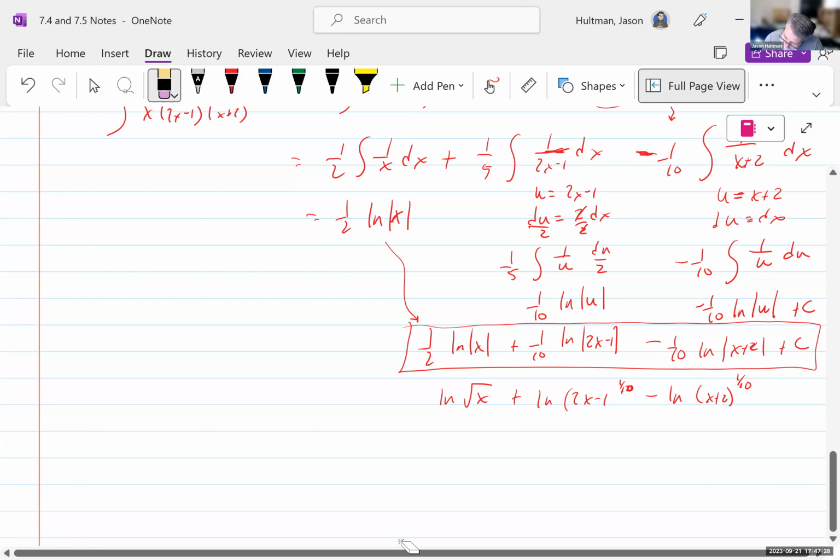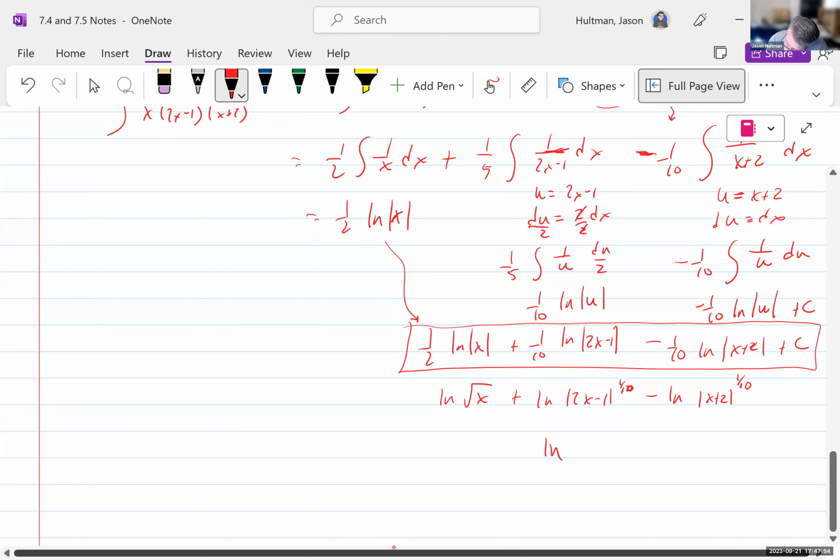I'm not going to get rid of the absolute value just yet, although because it is an even power, in order for us to have any real solutions, these would have to be positive, because it's like the 10th root. Maybe I'll write that.